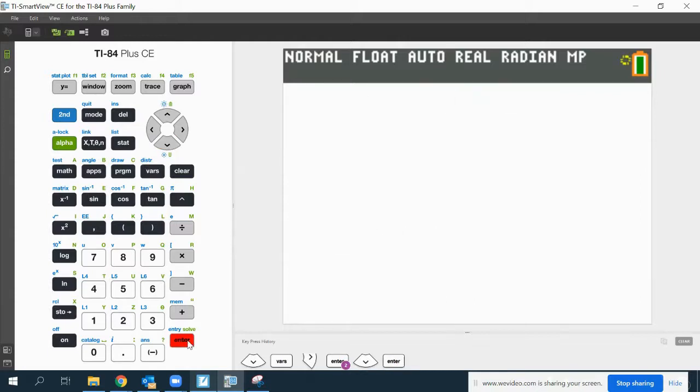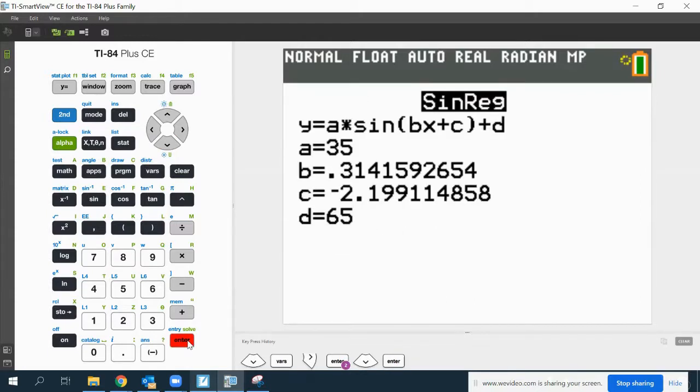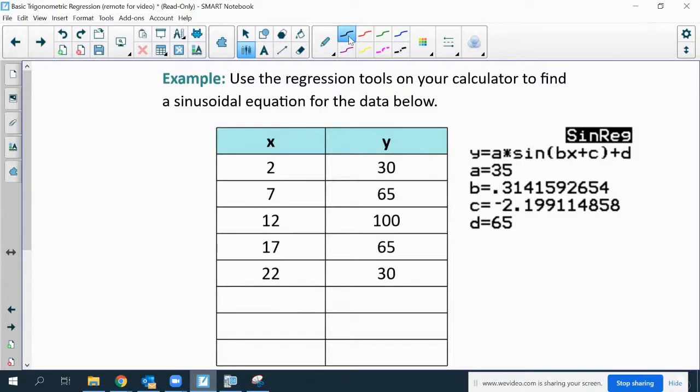Then when I calculate, I end up with this as my answer. So I can write this. y equals 35 sine of 0.31415.